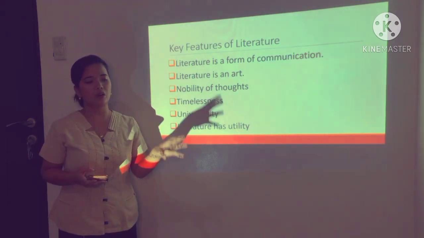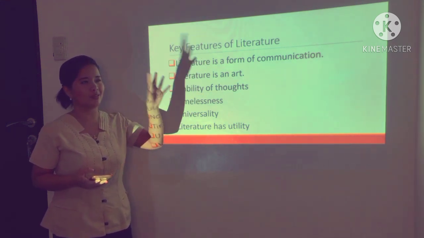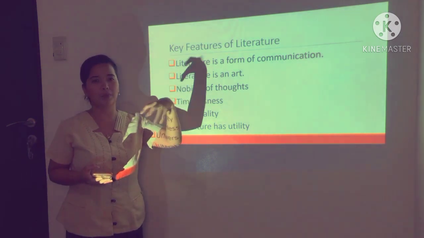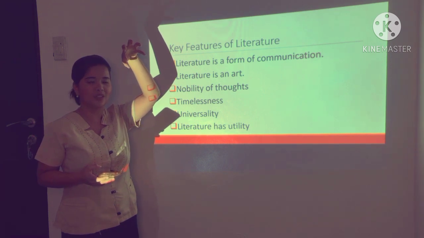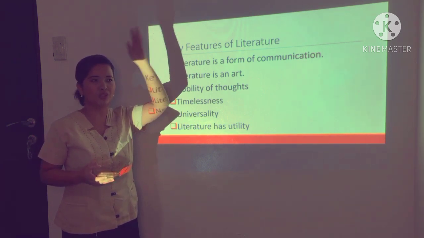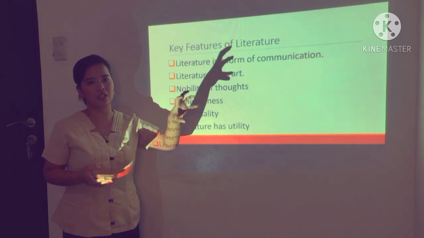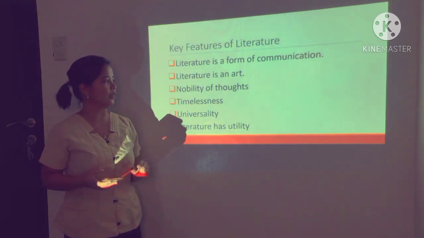Literature is an art because even if the story is complicated and lots of things are happening, from the audience's perspective, it becomes beautiful. Though lots of situations and scenes are happening in the scenario, it's still beautiful and interconnected.